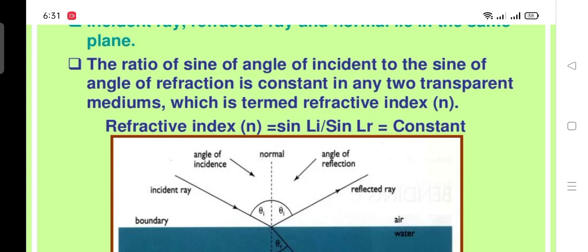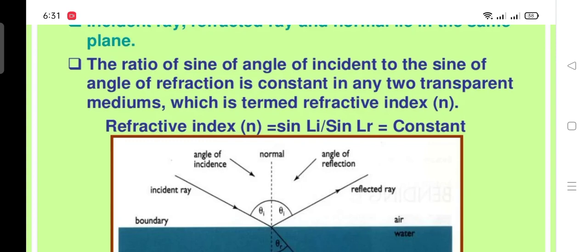The second condition of this refraction is that the ratio of the sine of the angle of incidence to the sine of the angle of refraction is a constant for any two transparent media. It is known as the refractive index. The sine of the incident angle and the sine of the refracted angle is always constant.